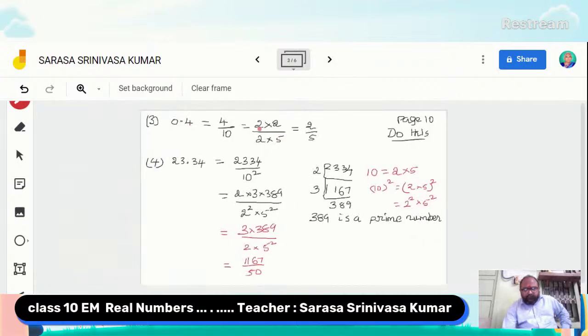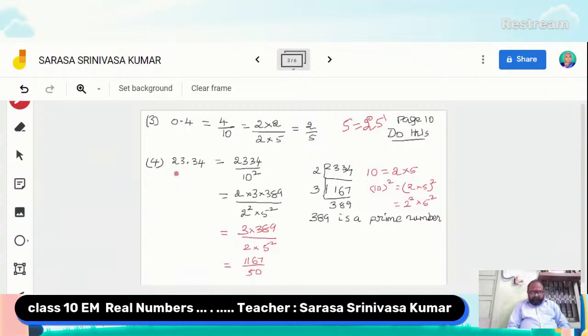And 0.4 can be expressed as 2 by 5. Again, in this, the denominator 5 equal to 2 power 0, 5 power 1. 2 power 0 is nothing but 1. So the denominator can be expressed as 2 power 0 multiplied by 5 power 1.